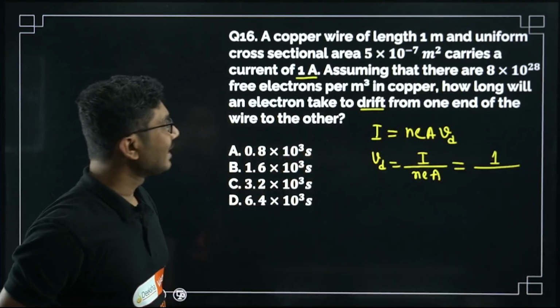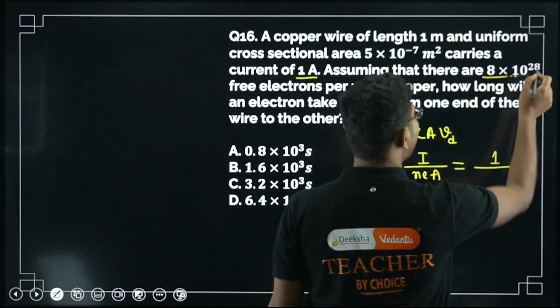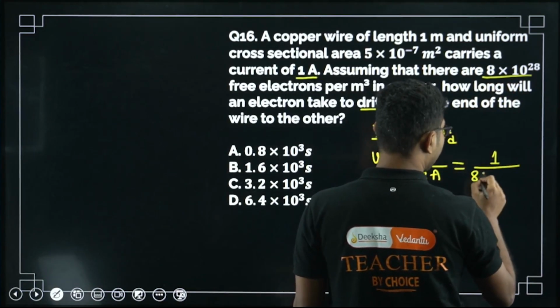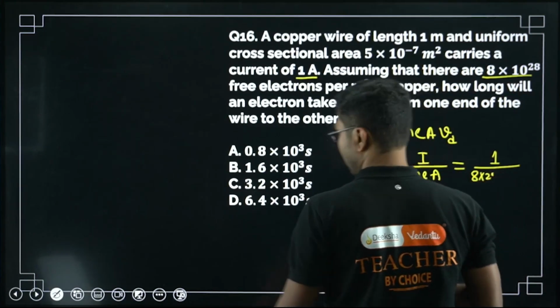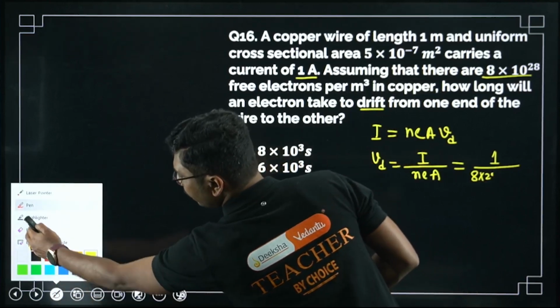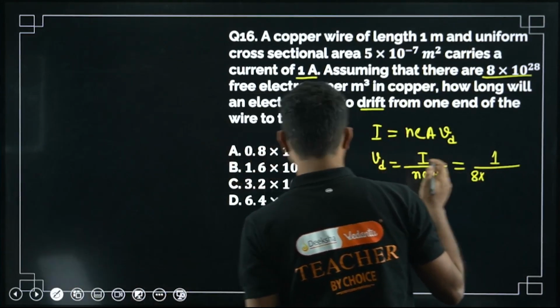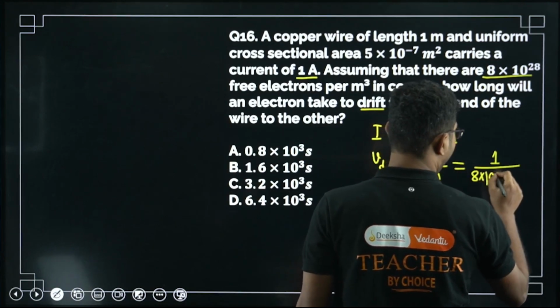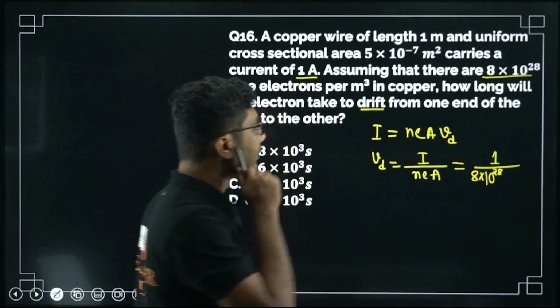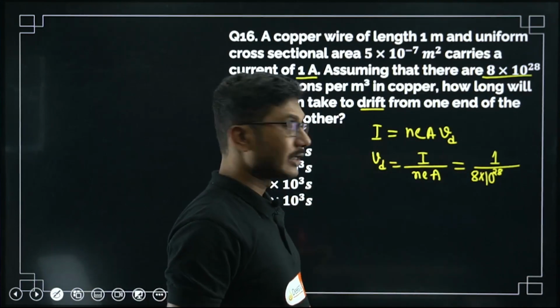What is number density? Number density is 8 times 10 to the power of 28. So this is the number of electrons per unit volume.